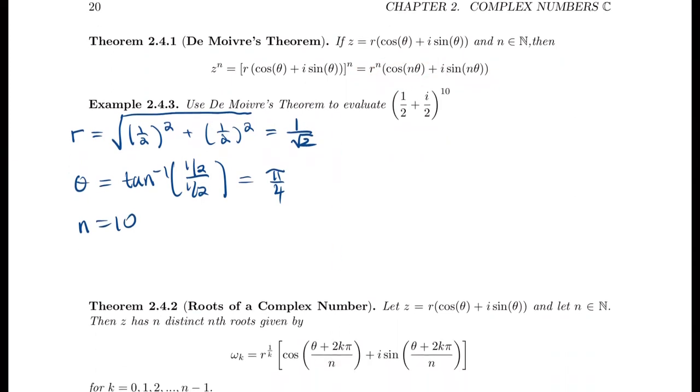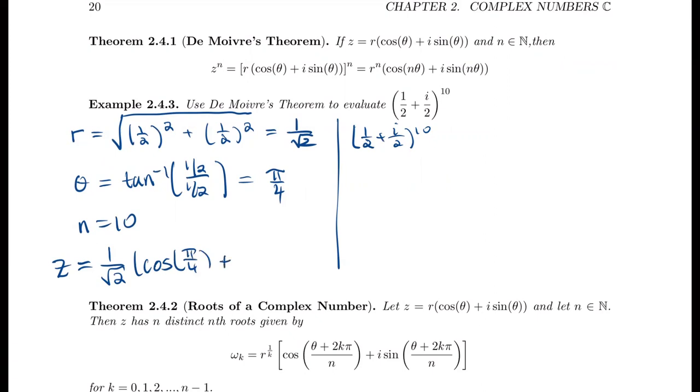So that means here, (1/2 plus i/2) to the power of 10. So z here, well, if you write this as 1 divided by root 2 times cos of pi over 4 plus i sine pi over 4, then if we raise it to the power of 10, this is raised to the power of 10, and we multiply this by 10, multiply this by 10.